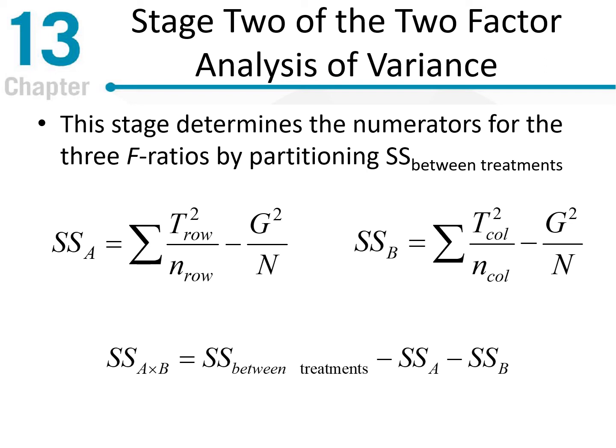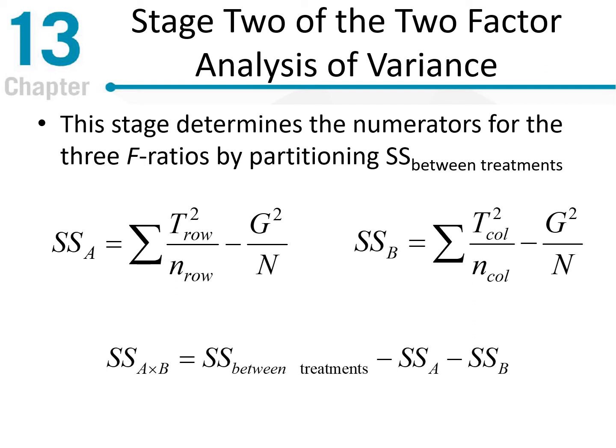So if you have 10 people in each condition, and you have 2 conditions by 2 conditions, you're going to have 20 people in each row, 10 and 10 in the 2 cells. And then subtract the grand total squared divided by the total sample size, capital N.